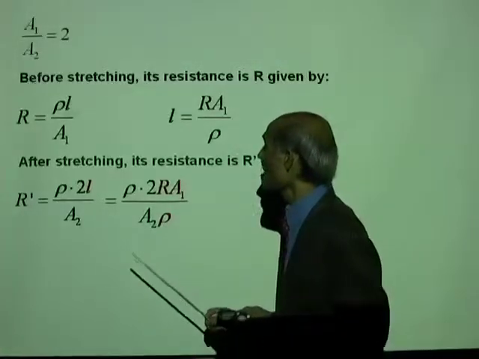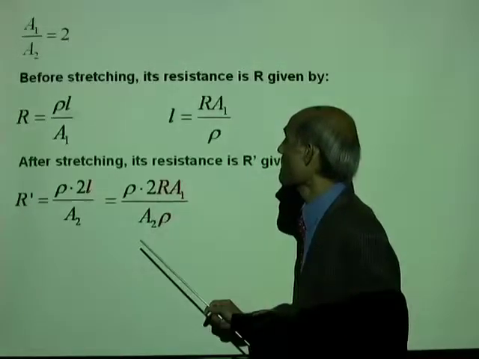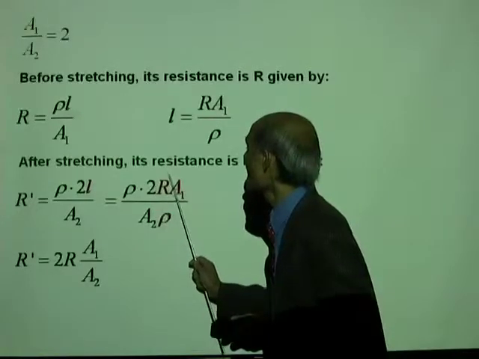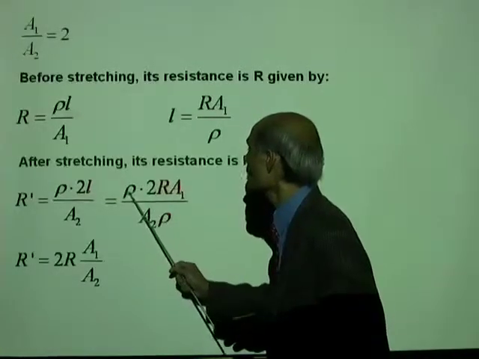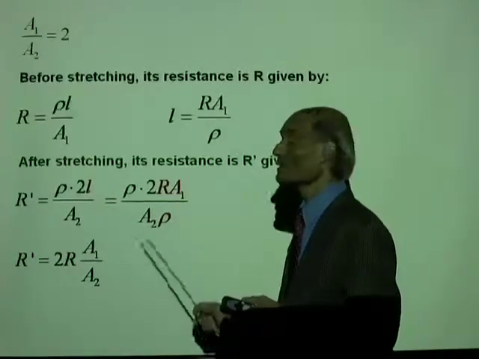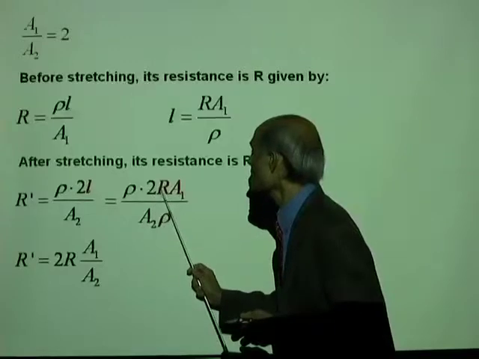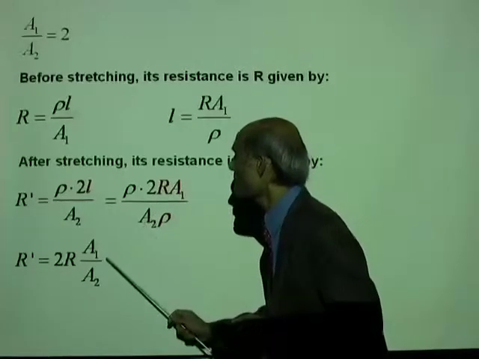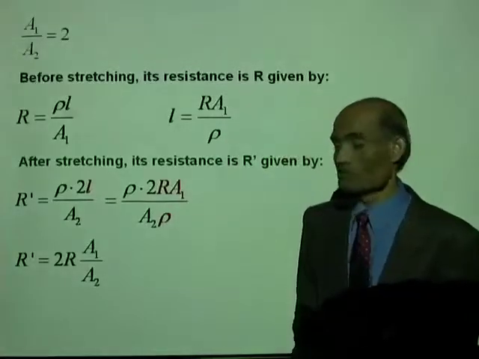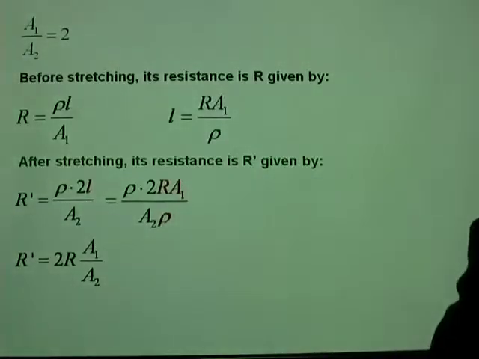And what you have now in here will be 2 times R. Look at this. Rho and rho will cancel. We don't need the value of rho. That will be 2R times A1 divided by A2. So R prime equals 2R times A1 divided by A2.